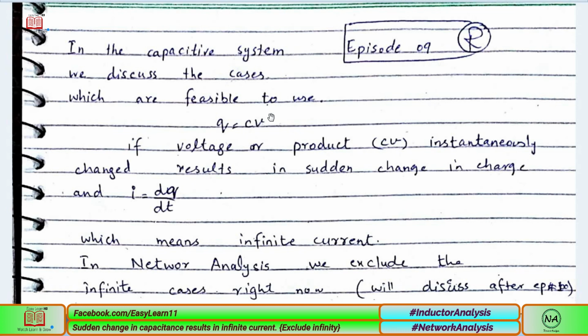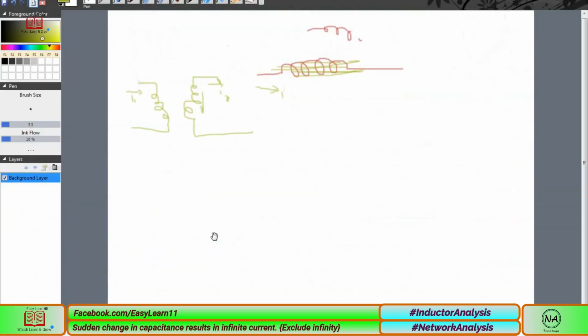Referencing episode 9, where we discussed Q is equal to CV: if the voltage, or the overall product CV, changes instantaneously, meaning that if the voltage is changed then the product changed, and if the product is changed suddenly, meaning it is increased, the charge also increased.